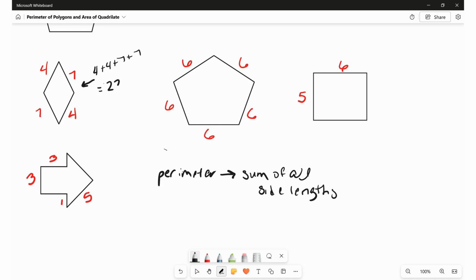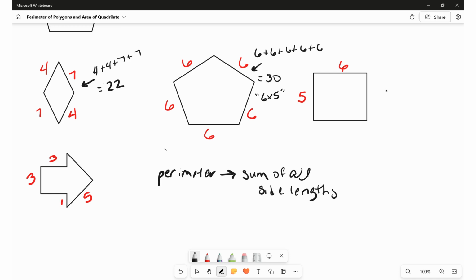So we have 22. The perimeter of this figure right here, we're going to add up all of these sixes. Another way that we could say this is 6 times 5, because there are 5 sides on this pentagon.